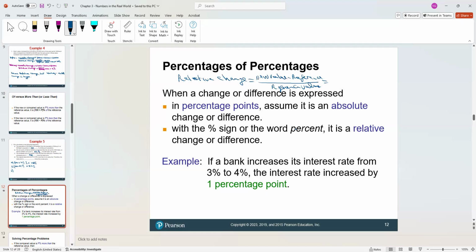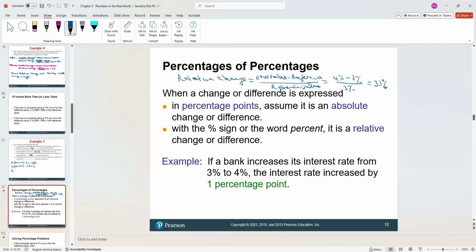If the mortgage increased from 3% to 4%, the new value is 4% and it was 3%. You cannot say that the interest rate increased by 1%. You need to do 4 minus 3 divided by 3, which gives about 33% once you convert the decimal.